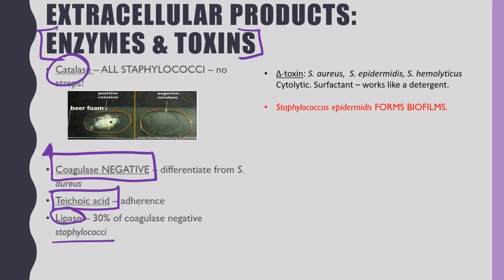As far as toxins go, it produces a delta toxin. Staph aureus, Staph epidermidis, and Staph hemolyticus produce this delta toxin. The delta toxin is cytolytic. It acts as a surfactant. Basically, it works like a detergent, lysing the cells. So as far as how it actually causes disease, well, Staph epidermidis forms biofilms.